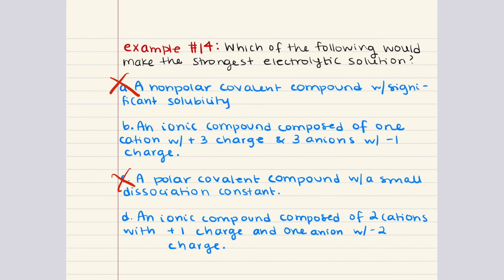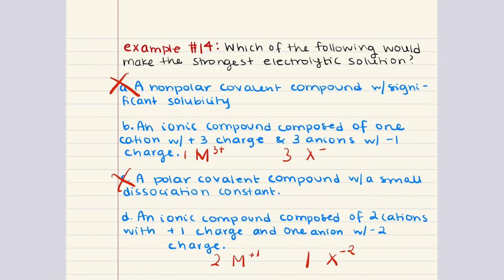Now for option B, this compound is going to dissociate into multiple ions. You're going to have a cation that has a 3+ charge, and then you're going to have 3 anions with a -1 charge. And in D, you're going to have 2 cations with a +1 charge and 1 anion with a -2 charge.